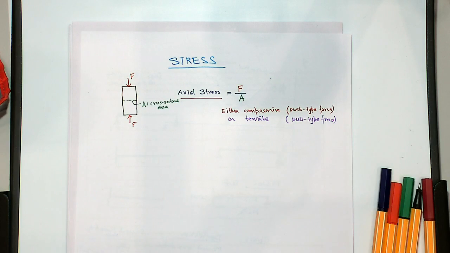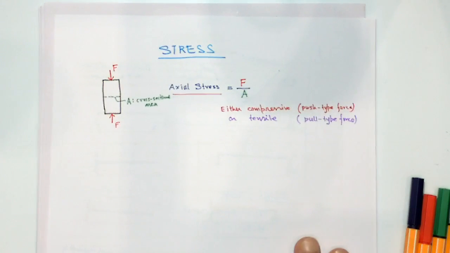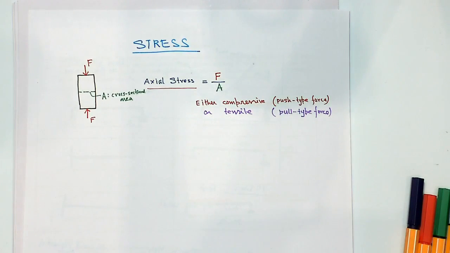And depending on that, some people use a plus or minus sign. Normally people say, if it is tensile, it elongates, and it is positive. If it is compressive, then it is negative.